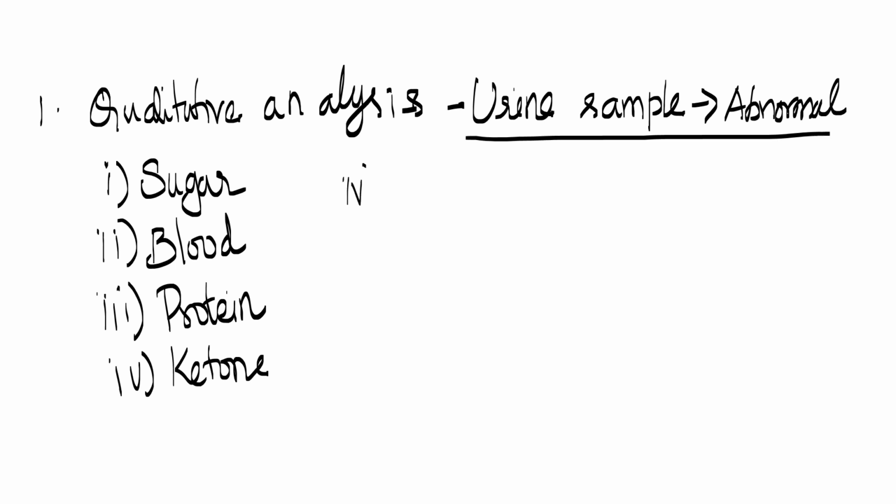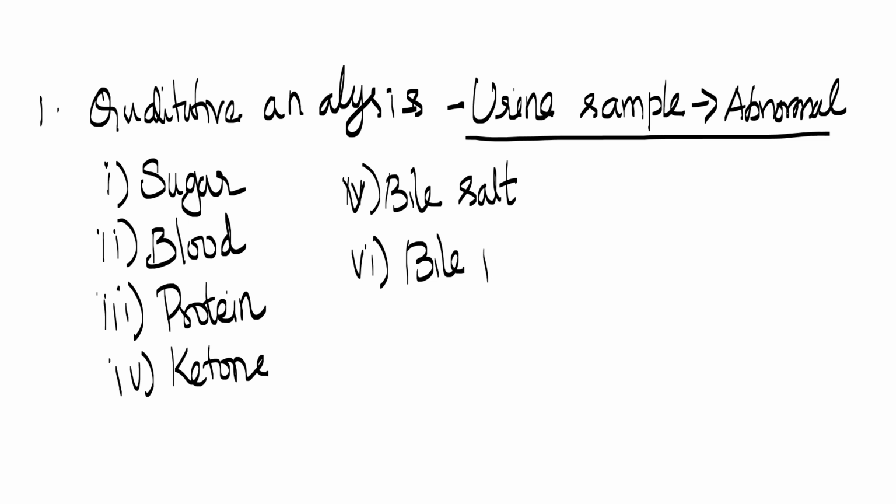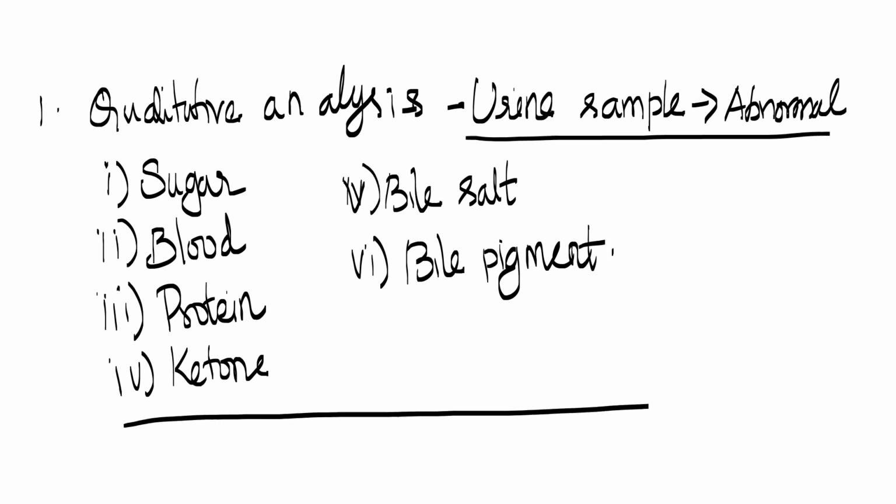And in damage to the liver or hepatitis, you can expect bile salt and bile pigment. In gallbladder disorder or any tumor in the gallbladder, you can expect bile salt, bile pigment, bilirubin, which are also excreted in the urine in some cases.